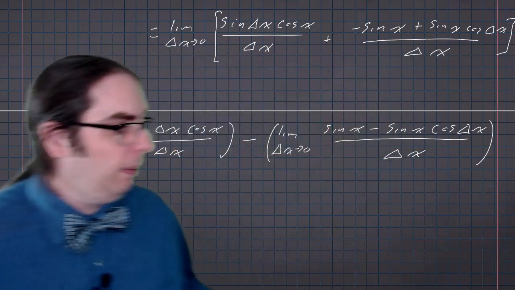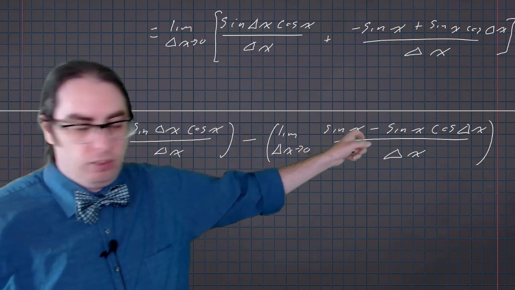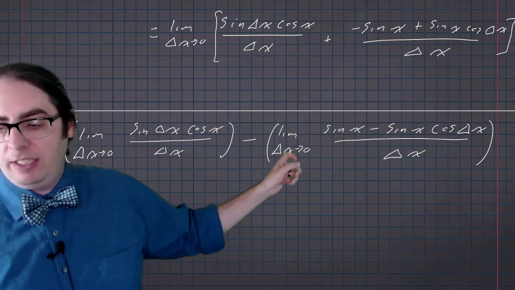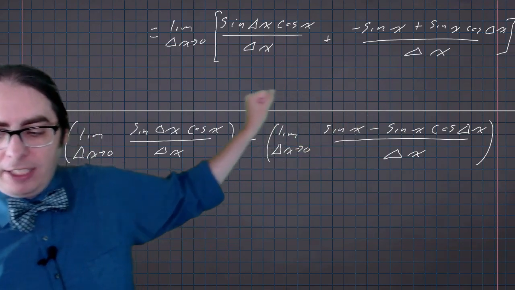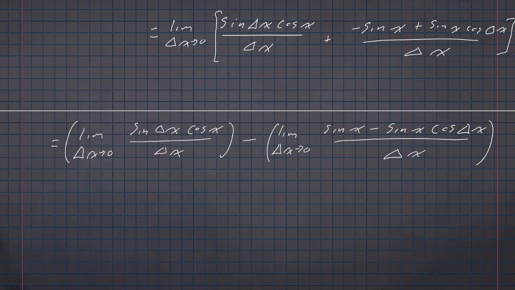And then I can do the same thing or something similar over here. I have sine x in a couple of places, which is constant with respect to delta x. So I can factor out that sine x and bring it in front here. And in doing that, I have the cosine of x times the limit as delta x goes to 0 of sine delta x over delta x.